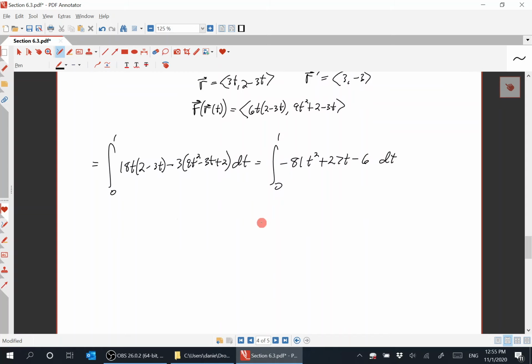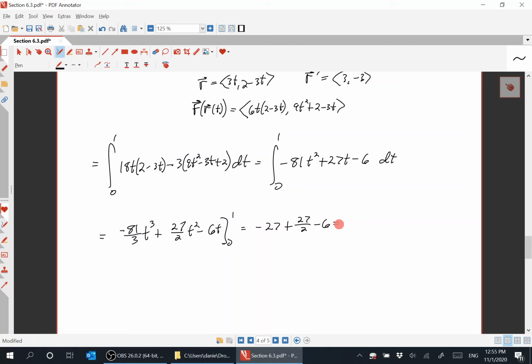Okay, so what do we get? Minus 81 over 3 t to the third plus 27 over 2 t squared minus 6t from 0 to 1. So 81 over 3 is 27, plus 27 halves minus 6.